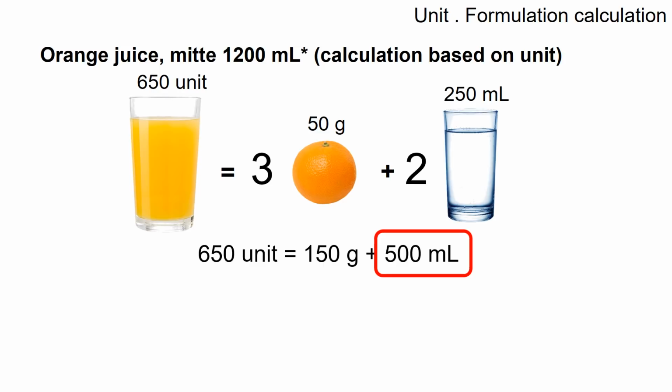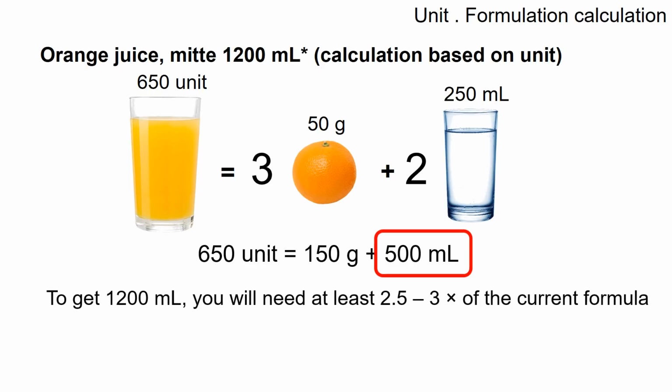You can get an idea from the volume of all of the liquid present in the formula. In this case, water is the only liquid present, and for each 650 units, you have 500 ml. So to get 1200 ml, you will need at least 2.5 to 3 times of this current formula. At least you have some extra where you can dispense enough oranges to your customer.